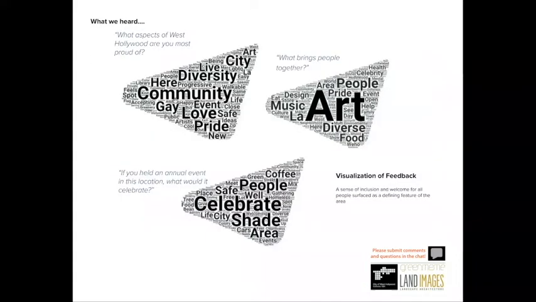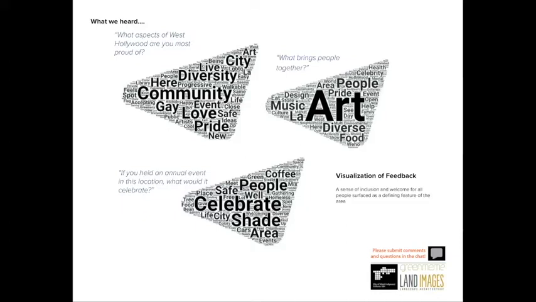This is a summary of some of the things that we heard. These word clouds describe results from some of the questions, and the bold words are things that were heard more frequently. This gives an overview of the general feeling people have about the site, about the city of West Hollywood, about the area, and things that they'd like to see in the area.